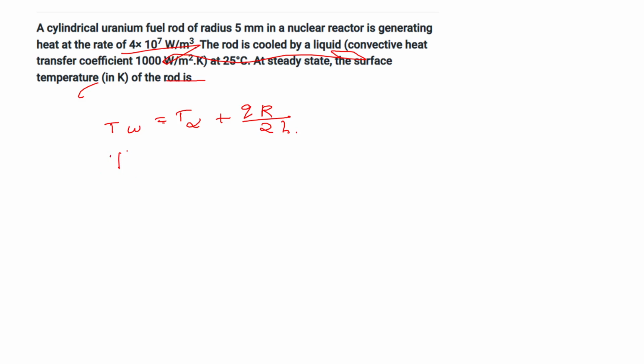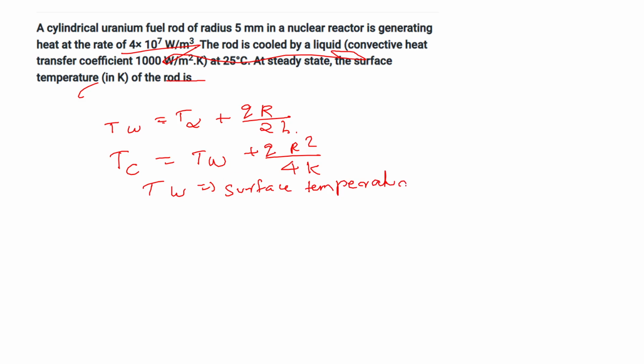Similarly, Tc you can write it as Tw plus Q R square divided by 4K. Here Tw is the wall or surface temperature in Kelvin, and Tc is the center temperature.